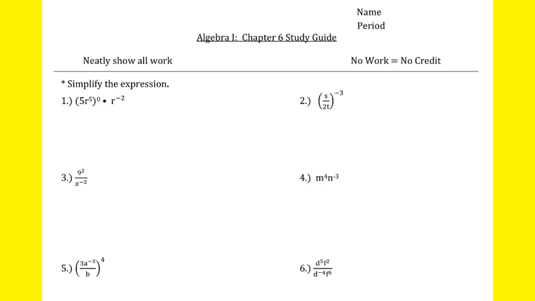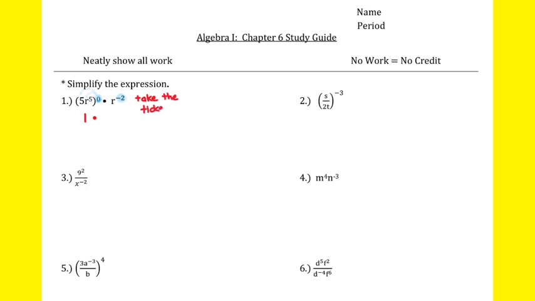On number 1, we see that we have the first part of a family of 5r to the 5th power, to the power of 0. So we know that anything to a power has to be distributed because there's parentheses, and anything to the power of 0 is 1. So we know this whole value is just 1.